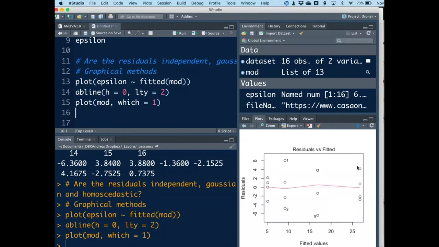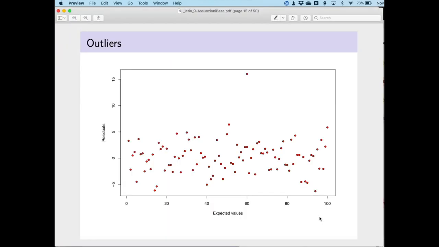For example, this one, here. So we are more or less in line. But R says, look at the point number 1, and look at the point number 2, and look at the point number 9, because they are characterized by very high or very low residuals, high in absolute value. But this is not concerning me. This is concerning me because it's very isolated. So that is an outlier.